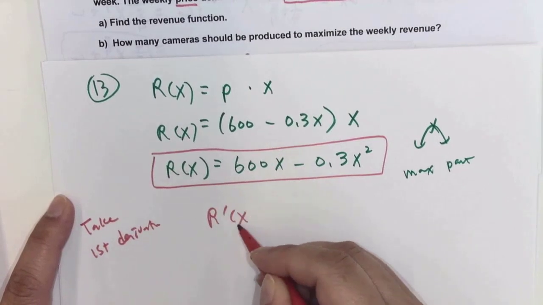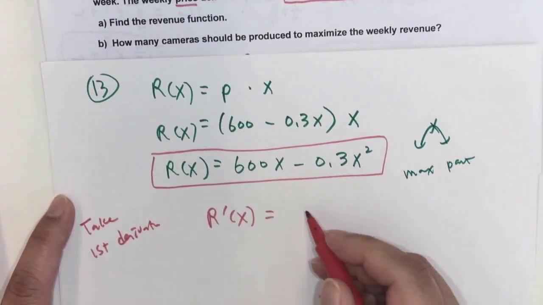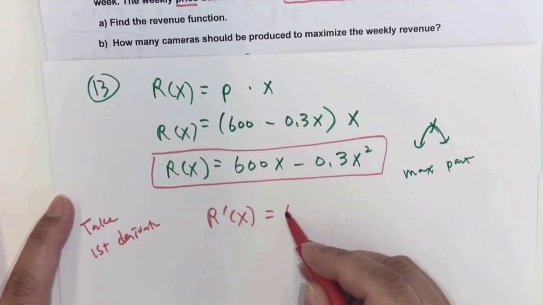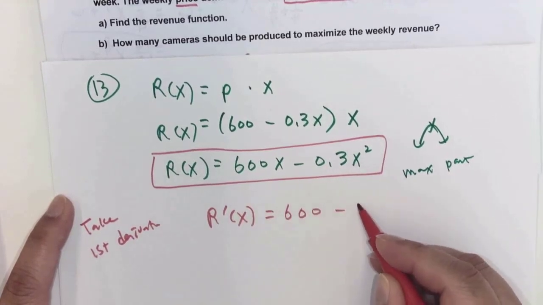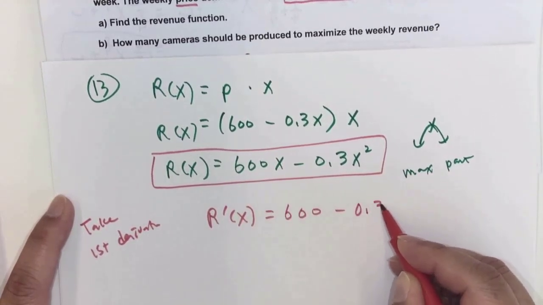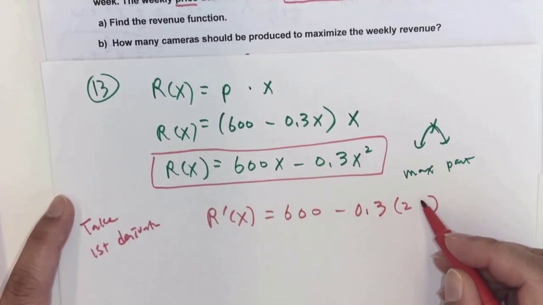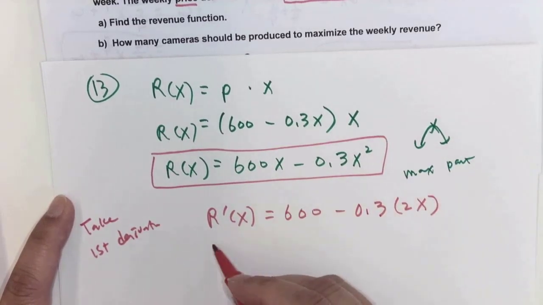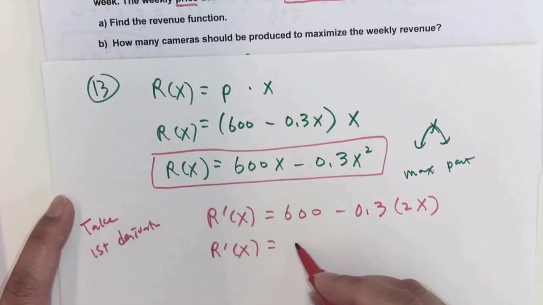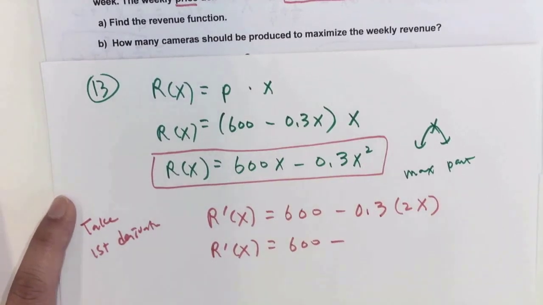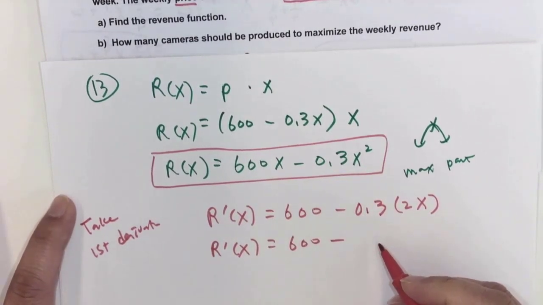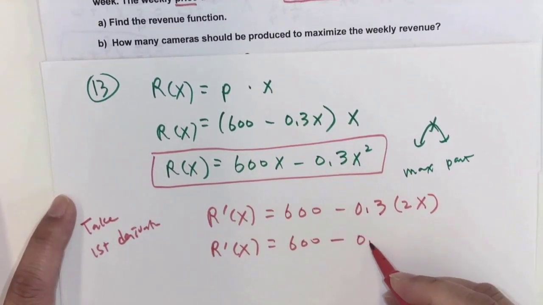R prime of x, if we take the derivative of that, what do we get? 600 minus 0.3x. Be careful, 0.3 times 2x. So R prime of x should be 600 minus these two multiplied together, which gives me 0.6x.